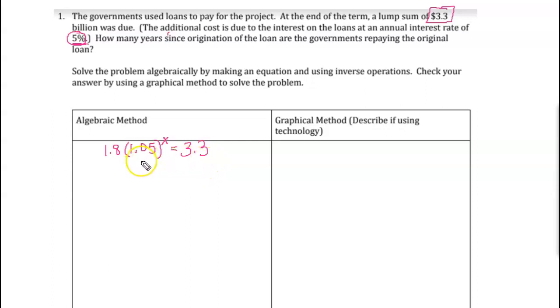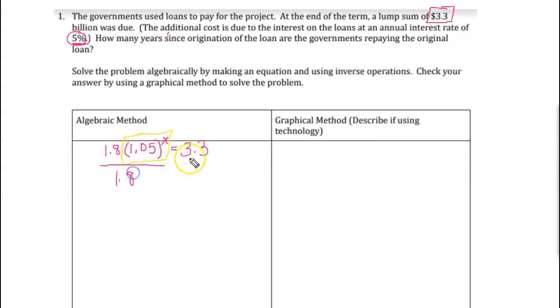So one of the things we want to think about is I can't do the inverse of a function until I just have that function. So I want to get the exponential by itself. And if I'm going to get the exponential by itself, I need to get rid of the 1.8. 1.8 is being multiplied by the exponential.